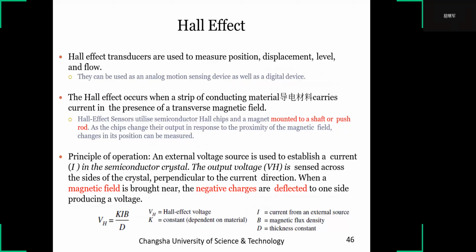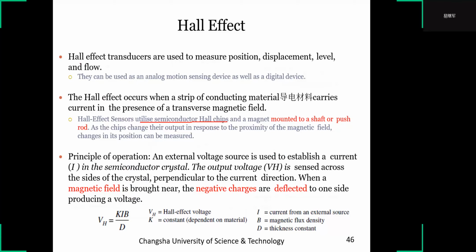Hall sensors utilize semiconductor Hall chips and a magnet mounted to a shaft or a push rod. As the chip changes its output in response to the proximity of the magnetic field, the change in its position can be measured.